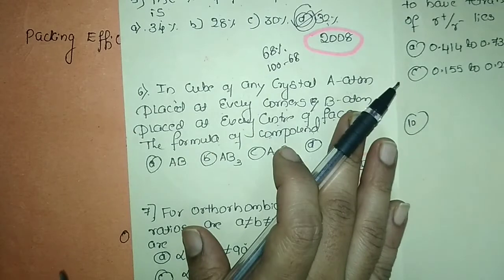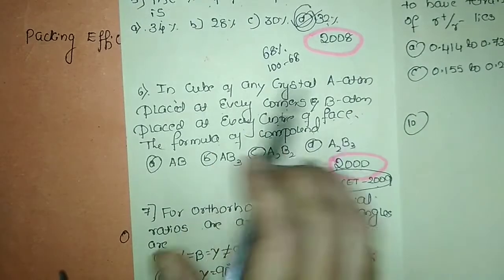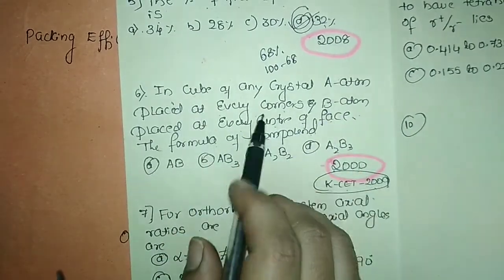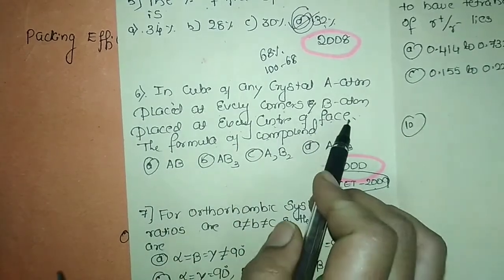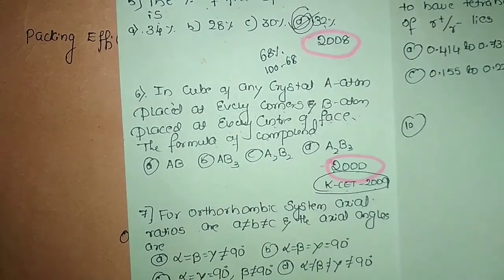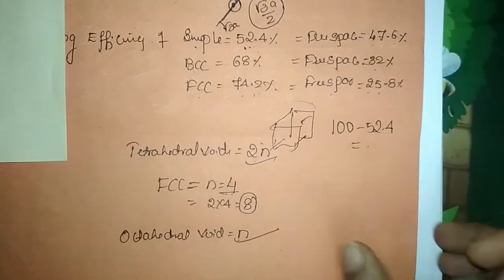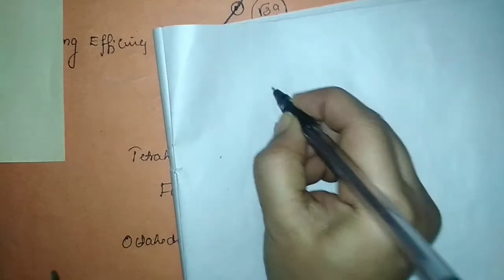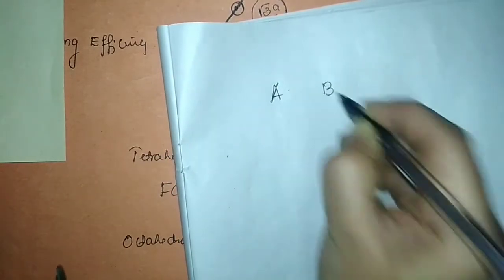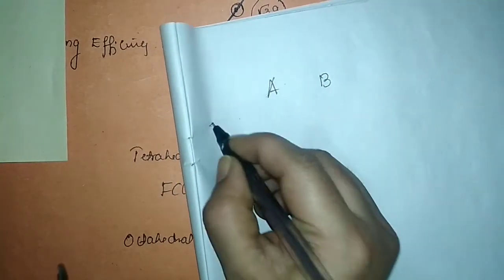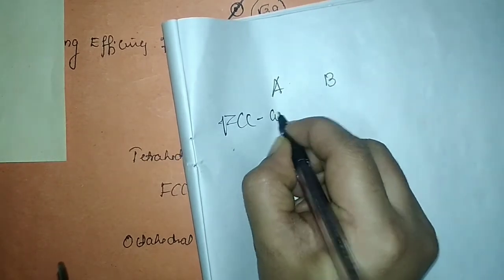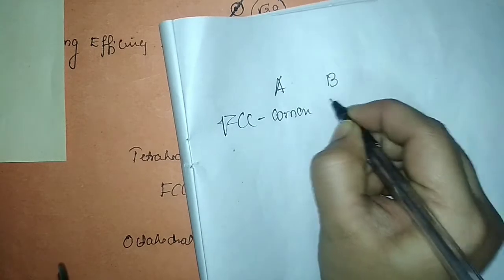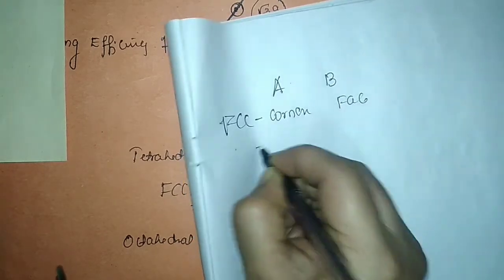We have two atoms, A and B, where A atoms are present at the corners and B atoms are placed at the center of every face. So what would be the formula? There is a way to calculate the formula. A atoms are at the corners, B atoms are at the face centers.